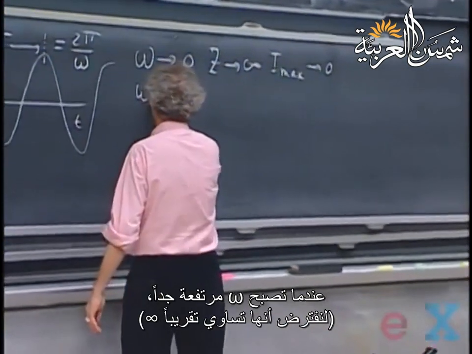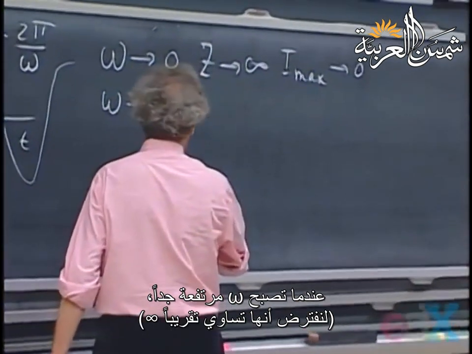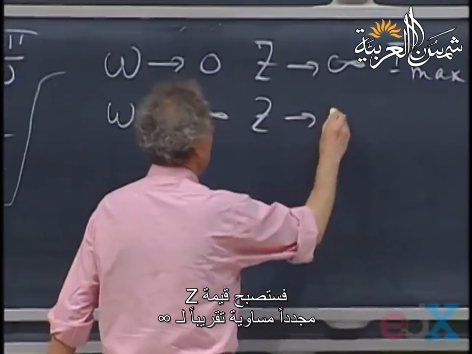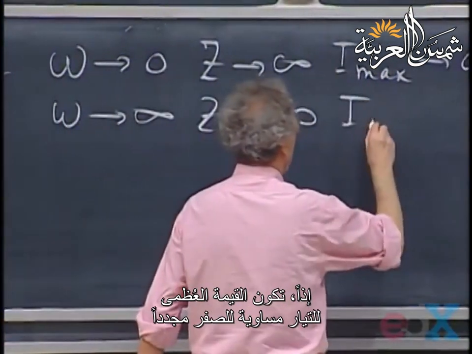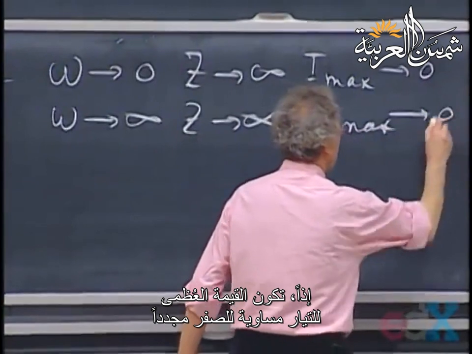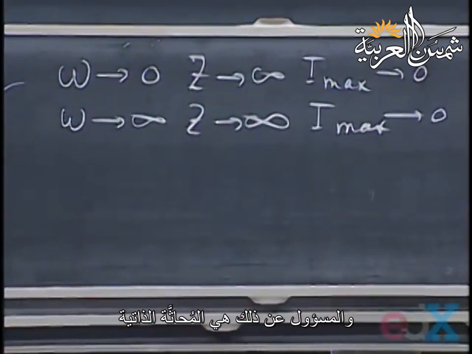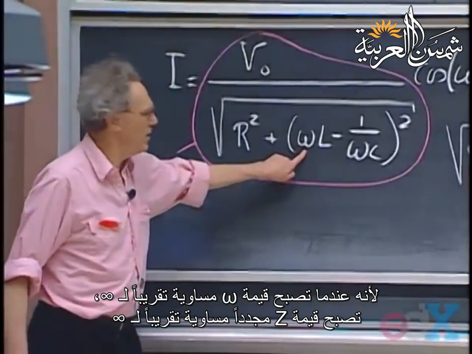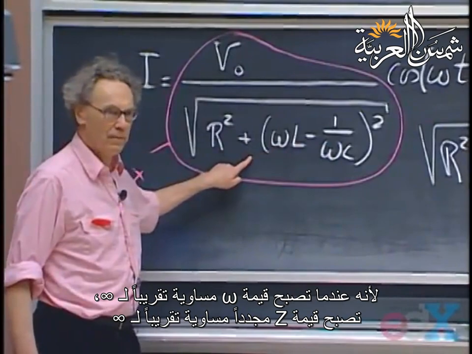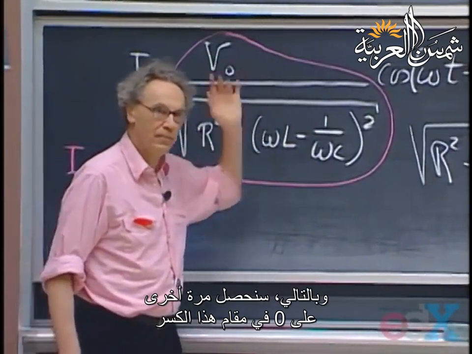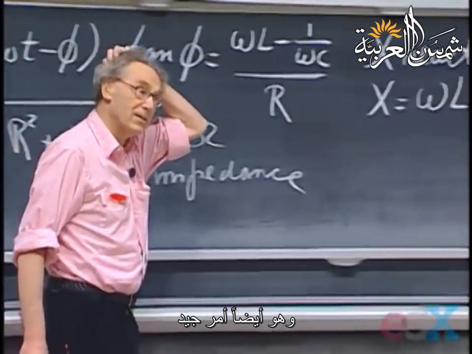When omega becomes very high, let's call it infinity, then Z again goes to infinity. So again, the maximum current goes to 0. And the one responsible for that is the self-inductor. Because when omega goes to infinity, again Z goes to infinity. So again you get 0 here. And that's also intuitively pleasing.